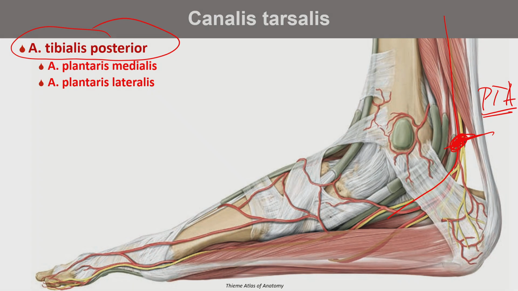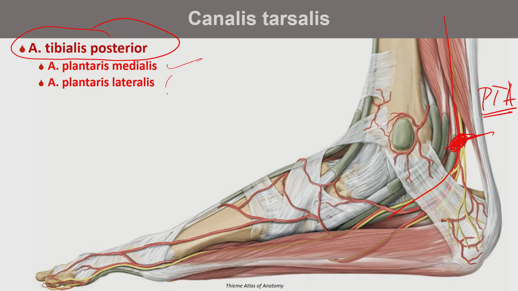So when I review the sites where we can touch the pulse of arteries for examination of lower extremities: the groin region, the common femoral artery, then the popliteal fossa, popliteal artery, the dorsal part of the tarsus, where we can touch the dorsal pedal artery, and behind the medial malleolus, medial ankle, where we can touch the posterior tibial artery.